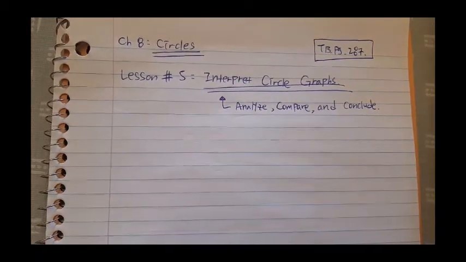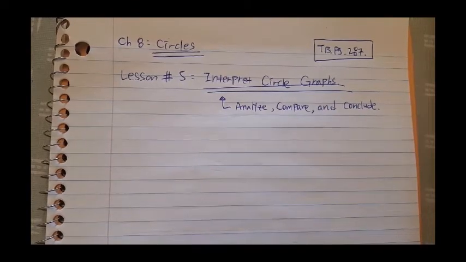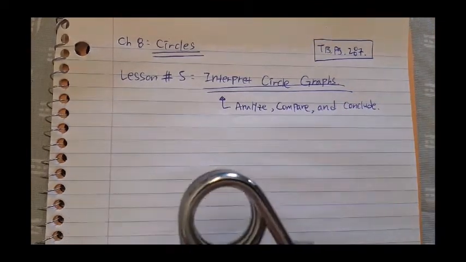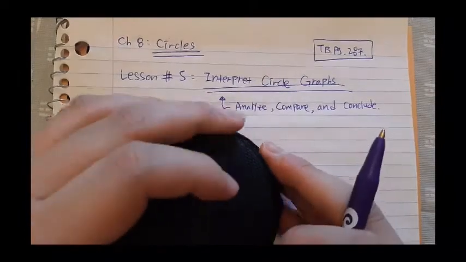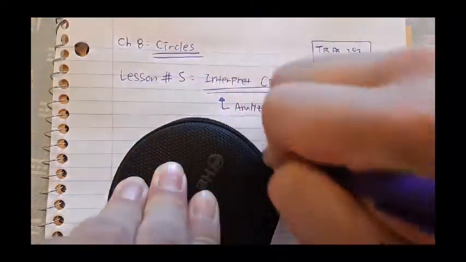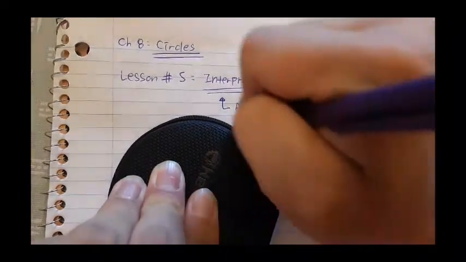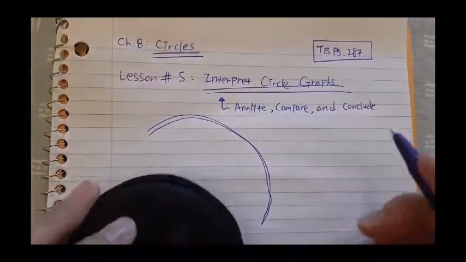So, let's see. If you look at a circle graph, I am going to create a circle graph. Actually, I need a bigger object than this. Yeah, why not? Oops.